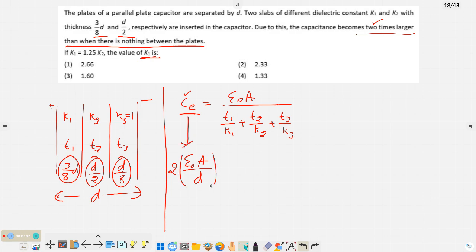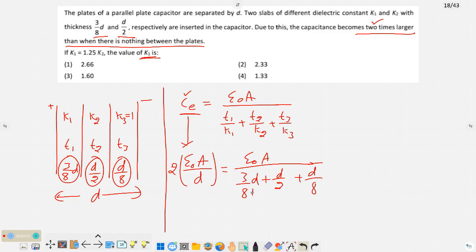So I am writing 2 epsilon naught A by D. This value is equal to 2 times the initial capacity. This is nothing but epsilon naught A divided by: thickness of the first one is 3D by 8, plus the second thickness, that is D by 2, and the third thickness is D by 8. Like this I am taking. And in the denominator we have K1, K2, K3.